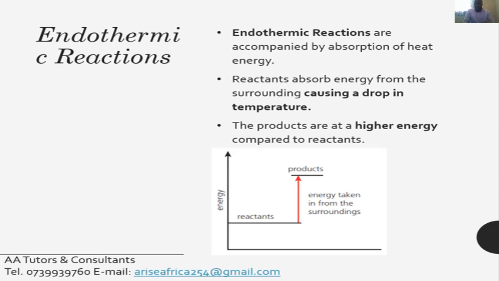During a physical or chemical process, energy is either given out or taken in. Thus, reactions are divided into two categories. The reactions can be endothermic or exothermic. Endothermic reactions are reactions that are accompanied by absorption of heat energy.